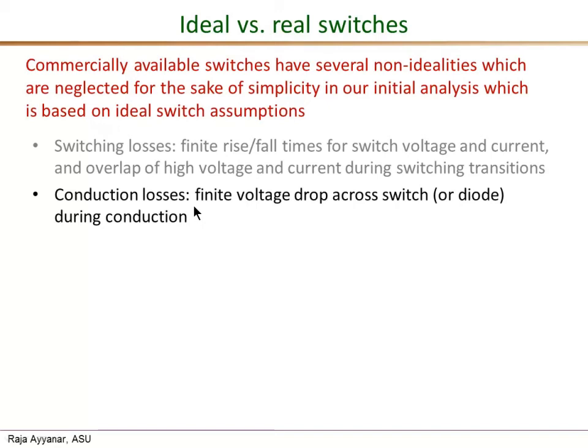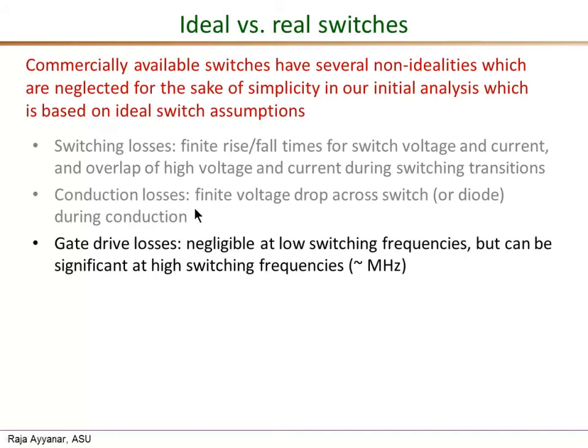This voltage drop results in conduction losses depending on the current magnitude. Gate drive losses: MOSFETs and IGBTs are preferred devices because they consume little gate drive power. But if we talk about really high frequencies, for example in the order of megahertz, then the gate drive losses are no longer negligible. They can be a significant part of your loss budget.